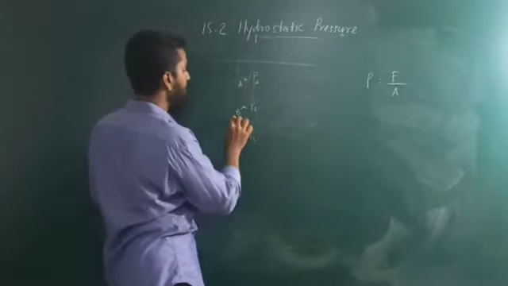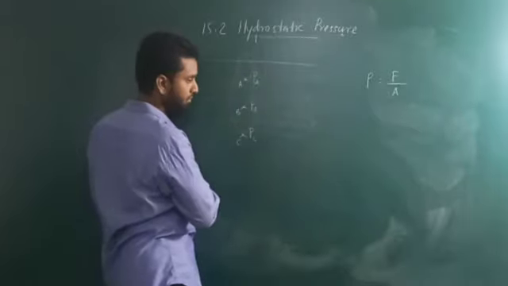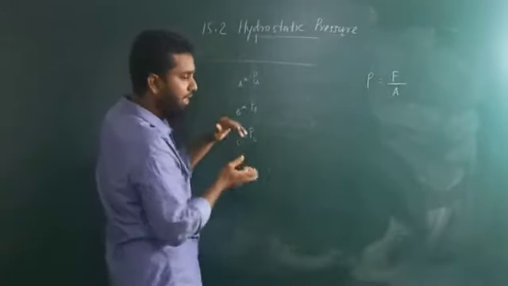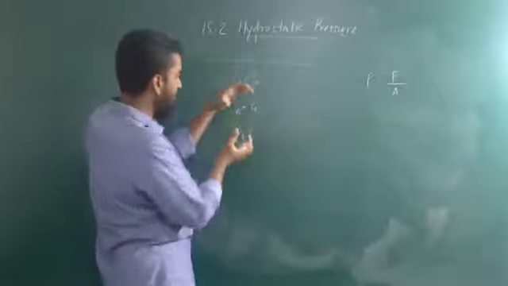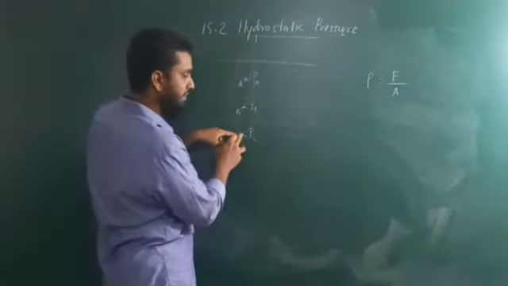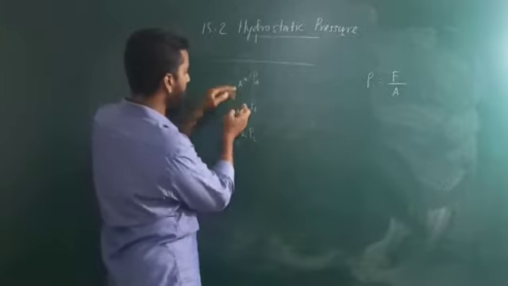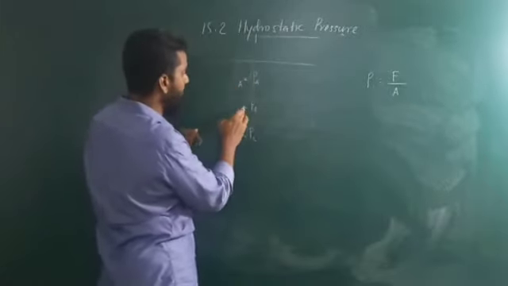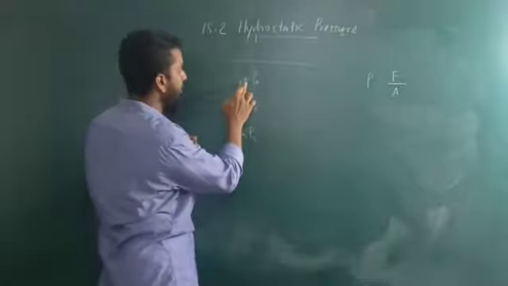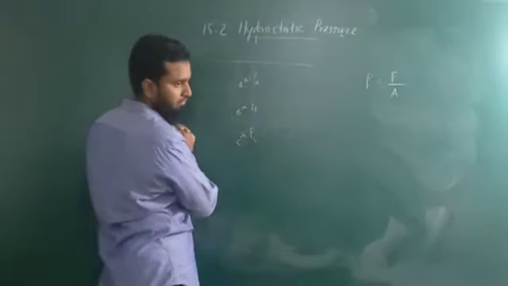At this point, a water column of this amount. At this point, a water column of this amount. More water column means more weight of water is going to give pressure at this place. Lesser than this amount of water column gives pressure at this place, and here lesser than this.